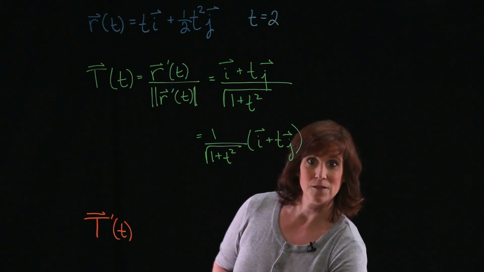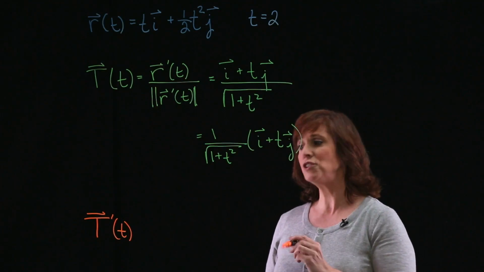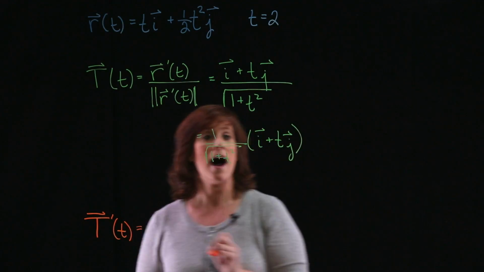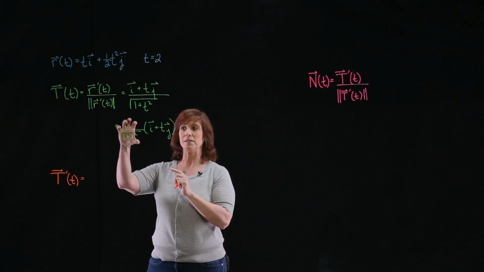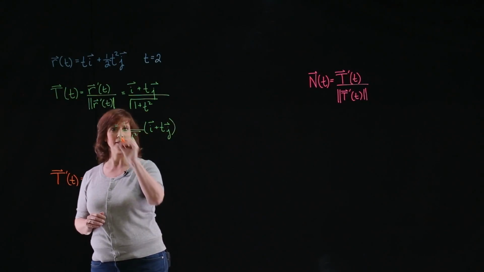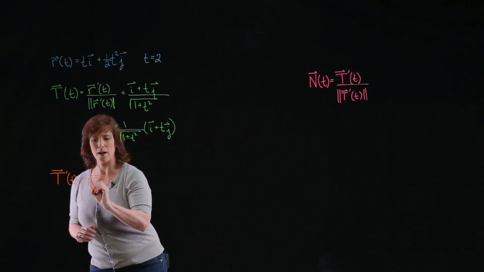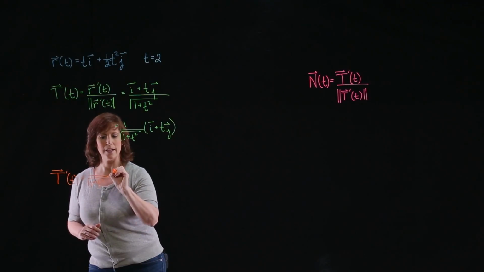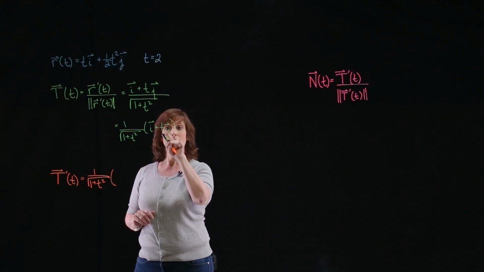Okay, now I need to find the derivative of that vector function. To find the derivative, I'm going to be using the product rule. So I have a function in terms of t times a vector function. The product rule tells me I'll take the first piece, which is 1 over the square root of 1 plus t squared, times the derivative of this vector function, which is going to be 0 plus j.